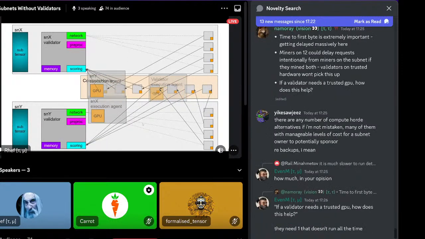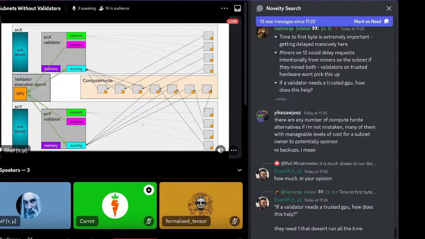But then, this is a very animated slide. Those validators don't necessarily need to have a GPU per subnet. They can use one GPU to cross-validate multiple subnets because they send only like 3% of requests, or maybe 1% of requests, or however they configure it.